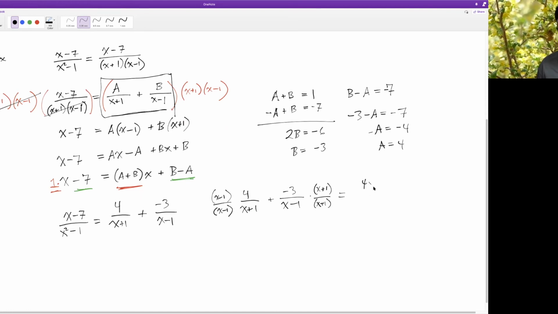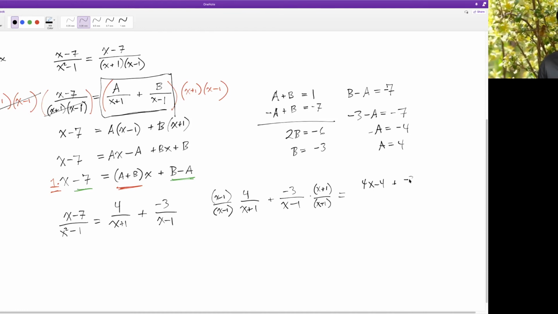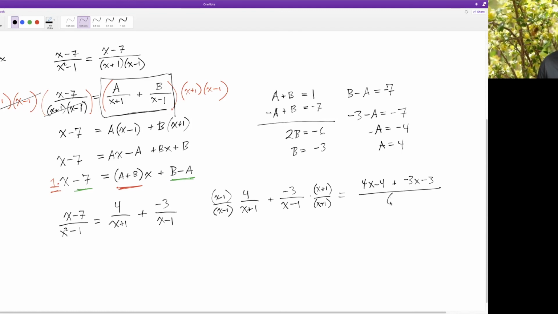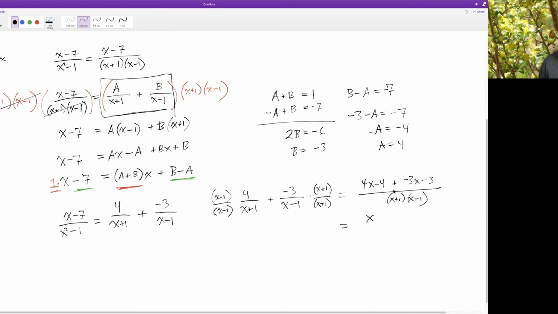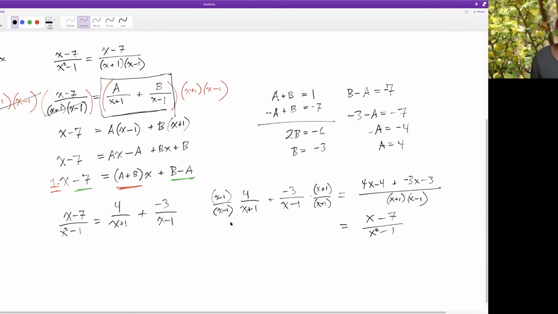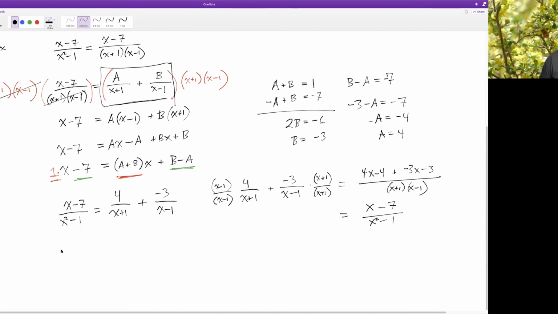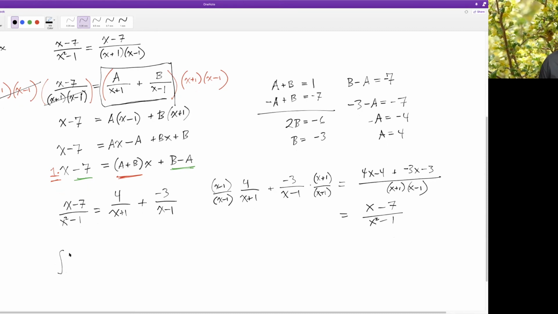I get 4x minus 4 plus -3 times x plus 1 is -3x minus 3, all over (x plus 1)(x minus 1). 4x minus 3x is x, minus 4 minus 3 is -7, and if you multiply the denominator, you get that. And so indeed, we have found a different expression for our integrand, and now integrating is a much simpler job.